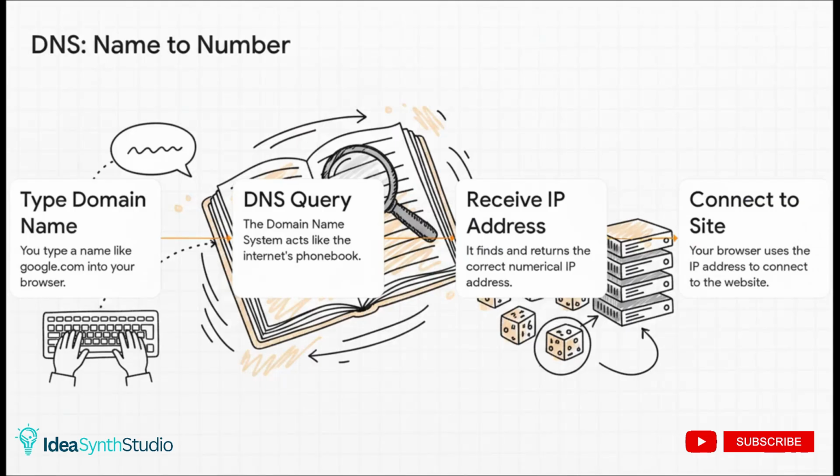Next up is DNS, the internet's unsung hero. Seriously. Without DNS, you would have to memorize long strings of numbers, these IP addresses, for every single website you want to visit. Can you imagine? Instead, you just type a simple name, and DNS, which is basically the internet's giant phone book, instantly finds the right number. This simple, brilliant idea is a huge reason the web is for everyone, not just engineers with amazing memories.